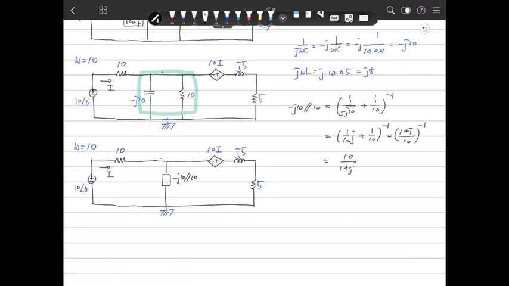So 1 over j10, then we can write 1 plus j, 1 minus j, 10, 1 minus j. So there will be 2 over 10 times 1 minus j. So there will be 5 minus j5. So that impedance is 5 minus j5.